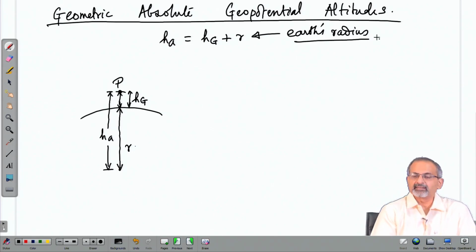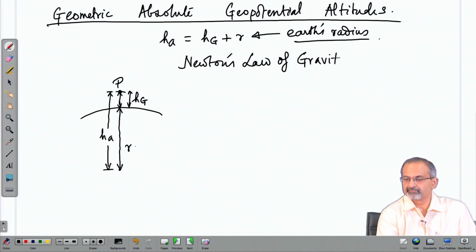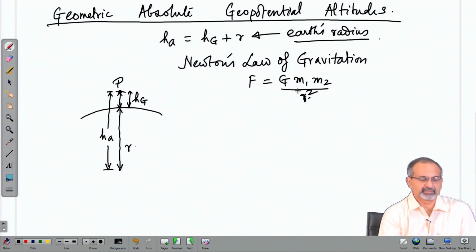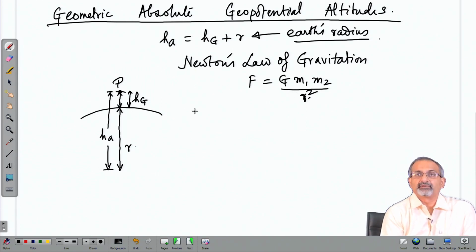Okay. So, having said that, we are now going to recall Newton's law of gravitation. We remember an expression like this: F is equal to G m1 m2 by r square. We are familiar with this expression. So, if you were to evaluate what is the acceleration due to gravity on the Earth's surface, and if you say that that is g naught, you can show that it is inversely proportional to r square.